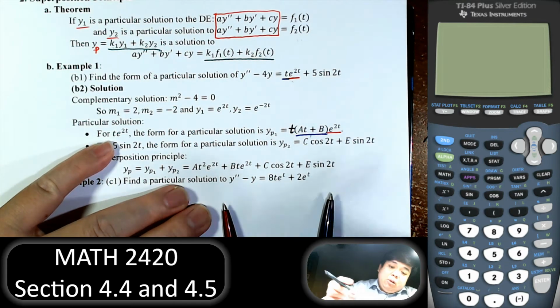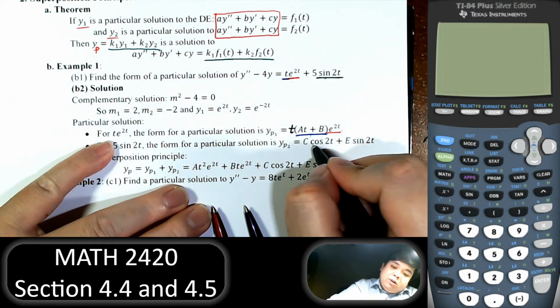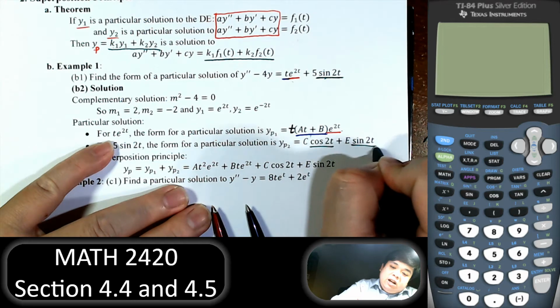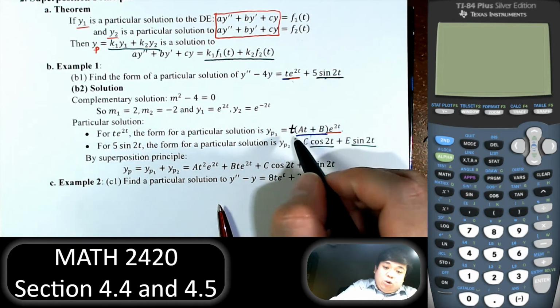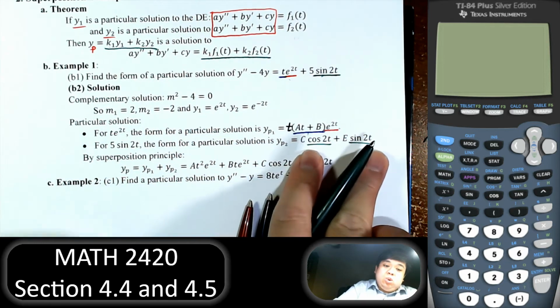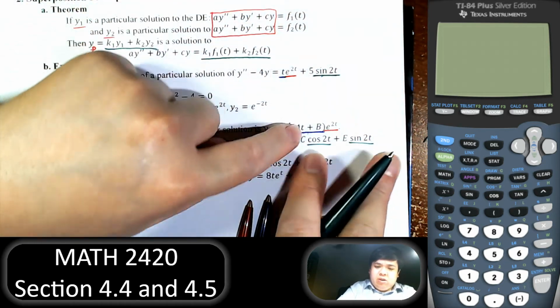Next, I'm going to guess the solution for this term. Of course, that will be cosine and sine. And I don't need to multiply by t because those solutions are linearly independent to those two. And there's a 5, so just constant.